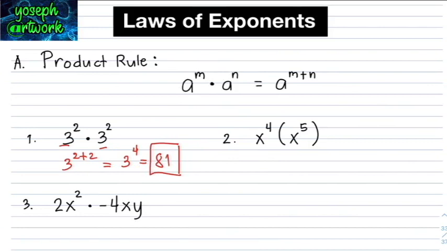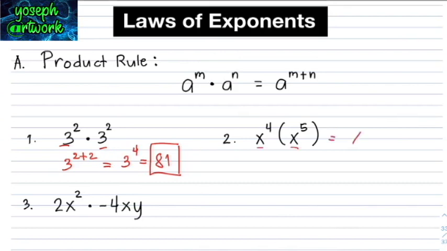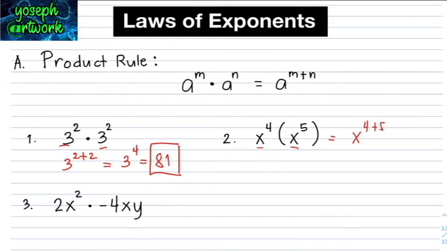This is the answer for item number 1, applying the product rule. Now let's move on with item number 2. For item number 2, we have here the expression x raised to 4 times x raised to 5. Same rin to, we need to multiply yung ating operation, but ang rule natin, if the bases are the same, all you need to do is to copy the base, your x, and then simply add your exponents, 4 plus 5.